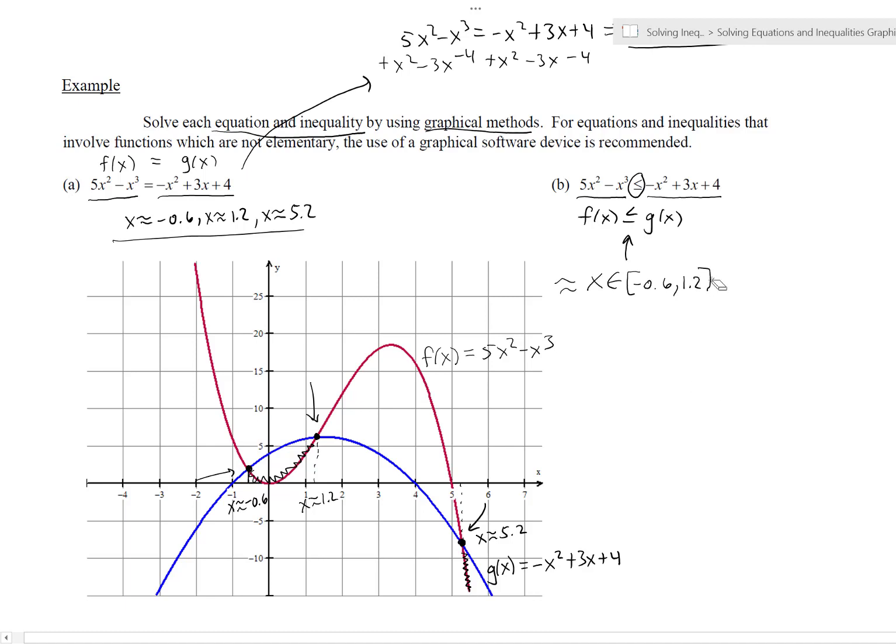There's a better bracket. And then it starts happening again, so union with 5.2 all the way to infinity, since f just stays below g forever after 5.2.